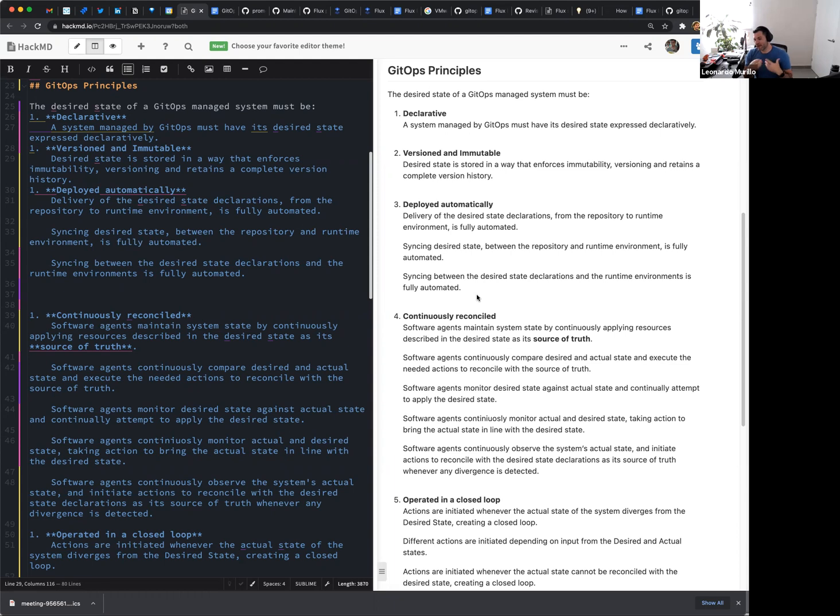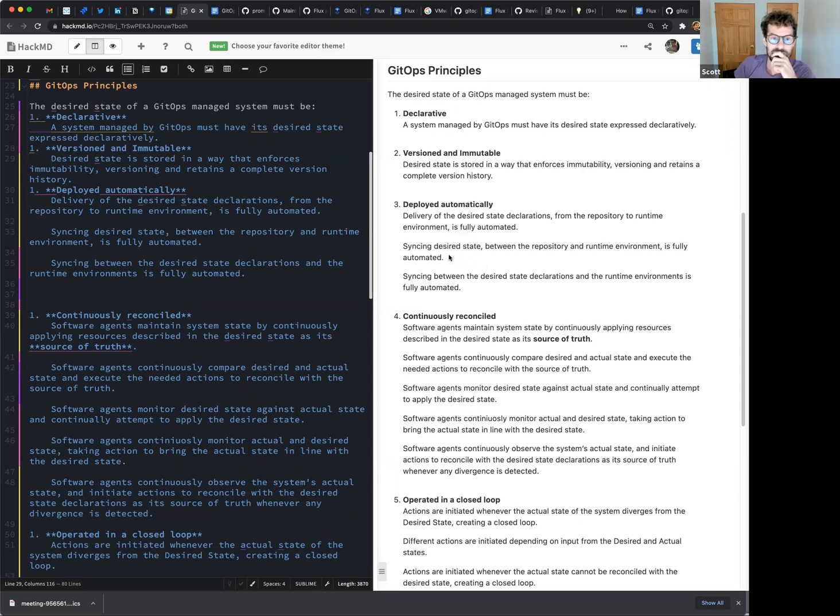My point of view is that the one thing we want to communicate with principle 3, because I think we have to remain within the constraints of what we want to communicate with that one principle at this point, is that there is no human interaction, no human action involved in the continuous reconciliation process that is discussed in principle 4. So the real value we want to communicate is that it's automated, it's non-human.